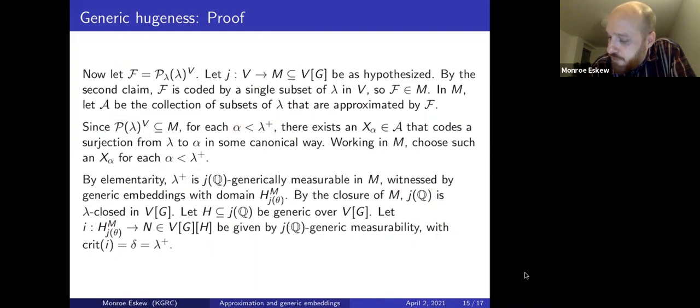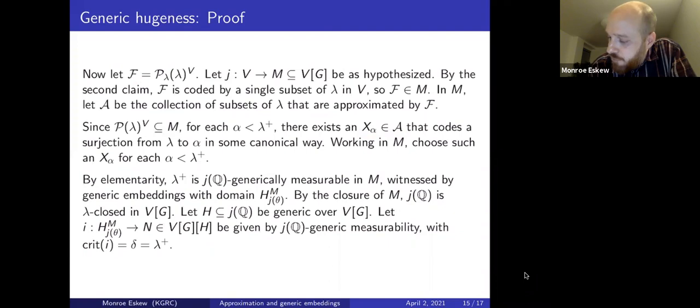And in V, there's some surjection from lambda to a particular ordinal alpha less than lambda plus. So M sees the shadow of this, in the sense that it says, I see that there exists an X alpha that is approximated by F, so it's in my collection script A, and it's coding a surjection from lambda onto alpha via the Gödel pairing or whatever coding scheme you need that's absolute enough.